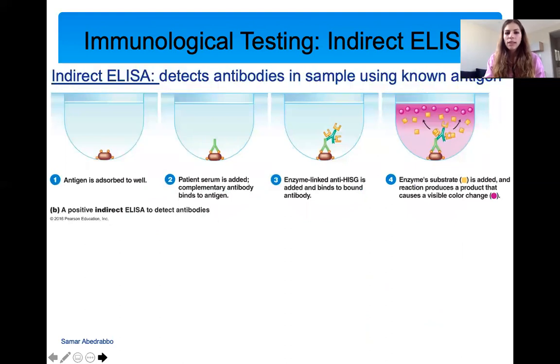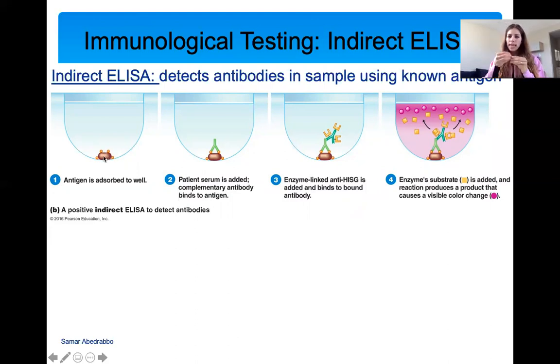With indirect ELISA reactions, you're detecting antibodies in a sample using an antigen. So I assume that this is one of the tests that we're using with coronavirus. So you have wells that are coated with different parts of the coronavirus, let's say the spikes. So when we look at the virus, it has spikes that help it infect respiratory cells. So when we look at the wells that they're using, they have them coated with different parts of the SARS-CoV-2 virus.